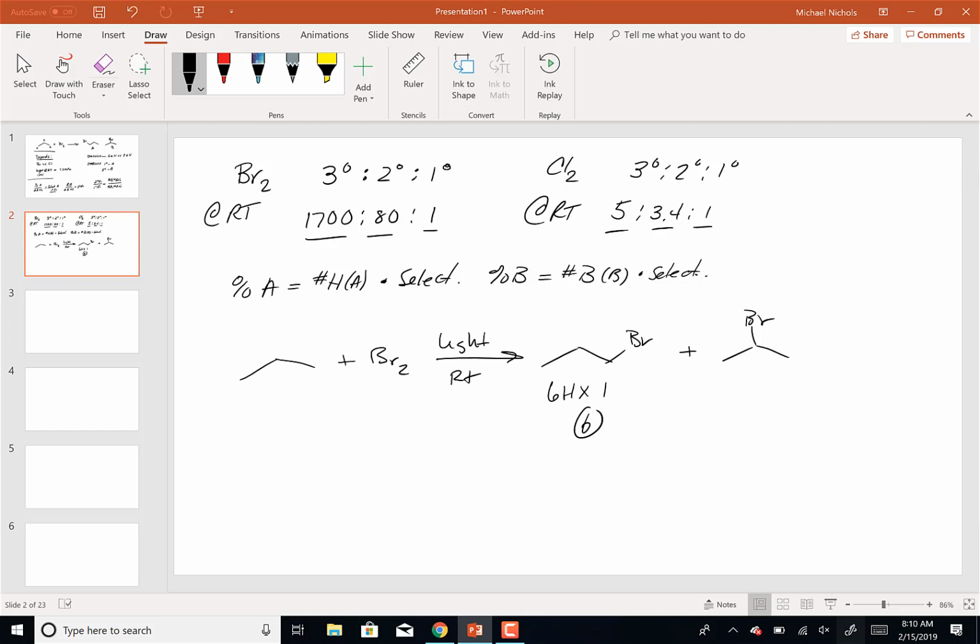For 2-bromopropane, how many hydrogens? 2. Times what's the selectivity for bromination at room temperature? 80, 160. So we take the number of hydrogens times the selectivity. That gives us a number. The product with the biggest number is the major product. It's as simple as that. And that takes into account the statistics and the favorability of forming the different radical intermediate.